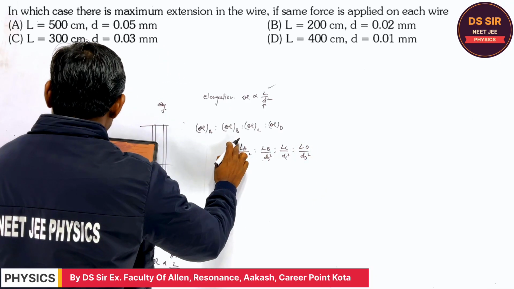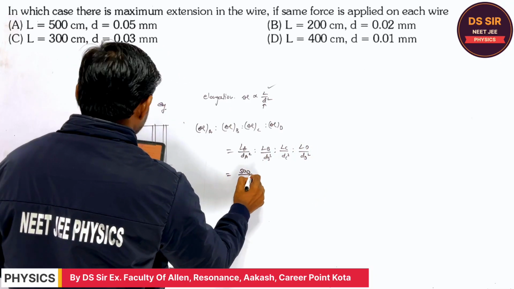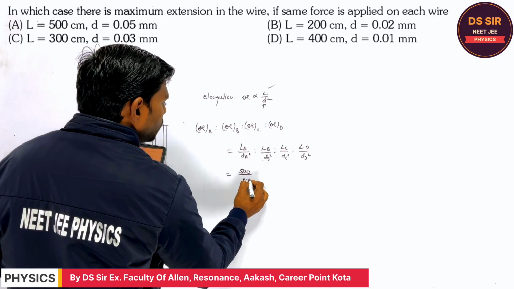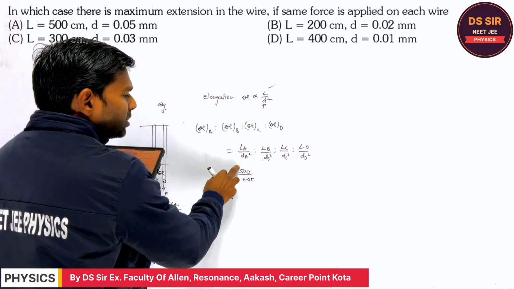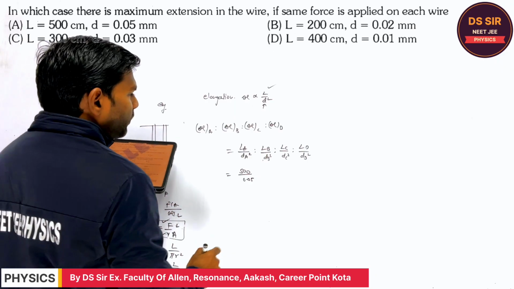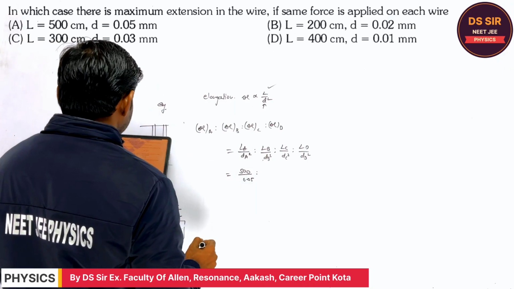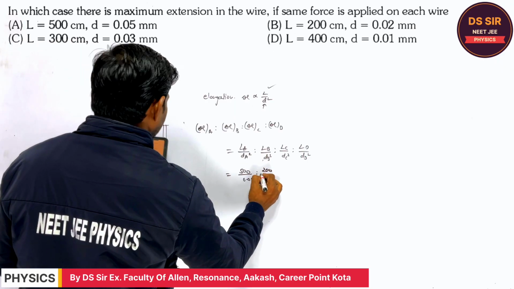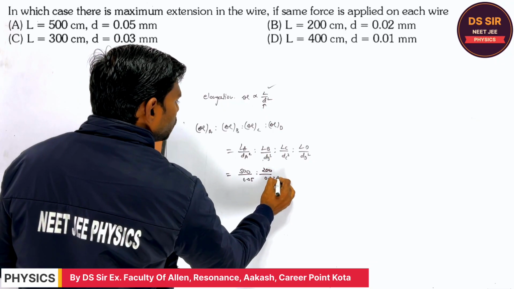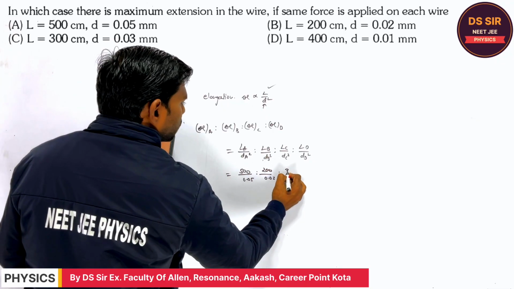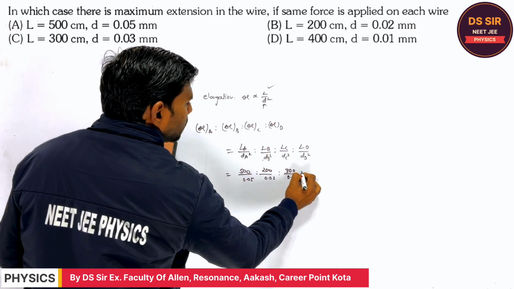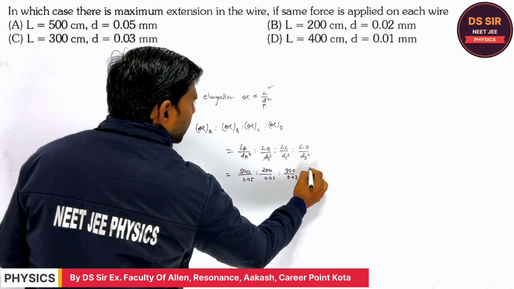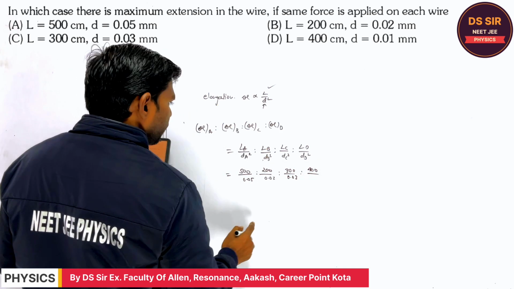So what is the length A given? 500. The diameter is 0.04. I am not writing the unit, right, since this is the ratio and the unit will cancel out. So LB is what? 200 is to 0.02, then 300, length in C, and it is 0.03, is to 400. Wait for 1 minute.